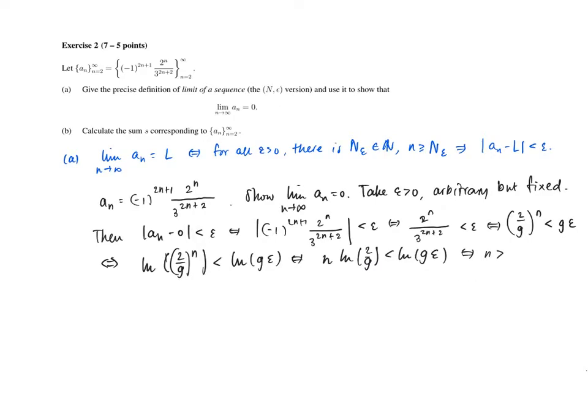So now we divide on the left and the right by ln 2 over 9. And we see that the inequality sign flips because ln 2 over 9 is a negative number, because 2 over 9 is smaller than 1. So we still have equivalence.